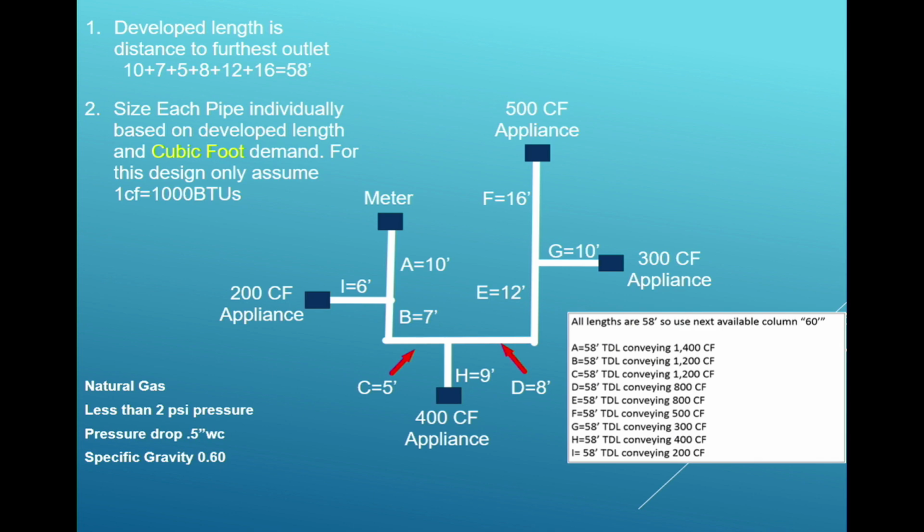Now let me ask you another question. We're going to back away from this for just a second. If you were in the real world and the gas company didn't know what quality of gas, and we know now that natural gas varies between 900 and 1,100 BTUs per cubic foot. If you didn't know, you would size your pipe based on what quality of gas? 900, 1,000, or 1,100 BTUs per cubic foot. 900.